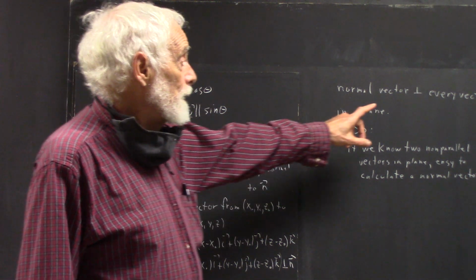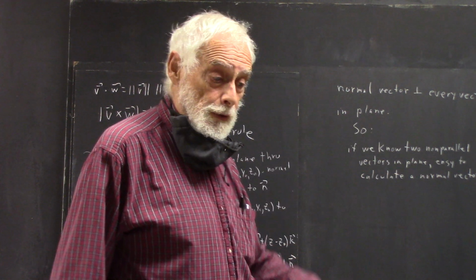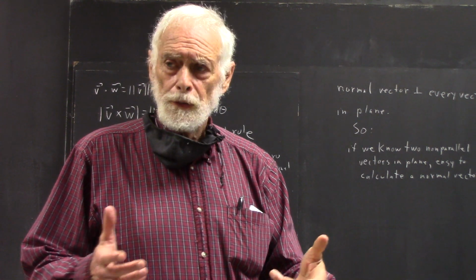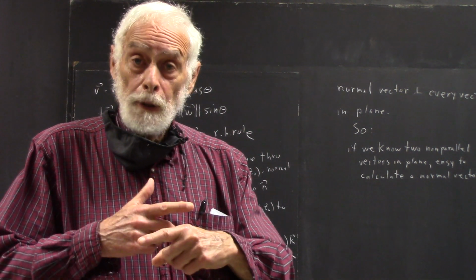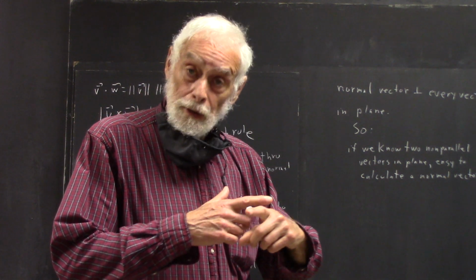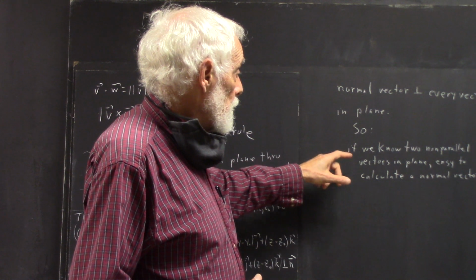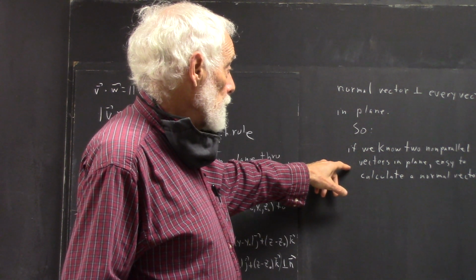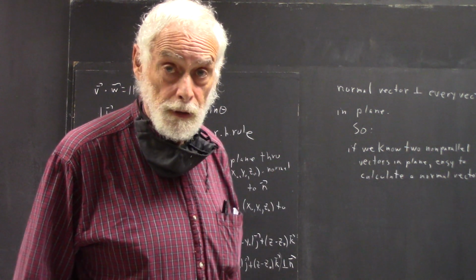But using the concept that the normal vector is perpendicular to every vector in the plane, you take any two vectors parallel to any two lines in the plane that aren't parallel, any two intersecting lines in the plane, if you wish. We can conclude all kinds of things. For example, if we know two non-parallel vectors in the plane, it's easy to calculate a normal vector. That's exactly what we're talking about.